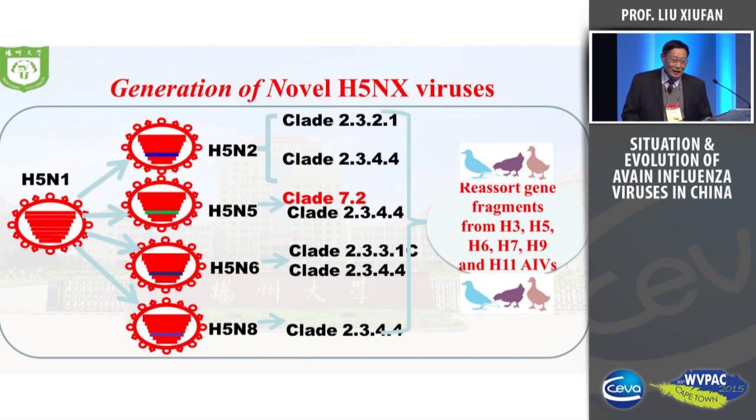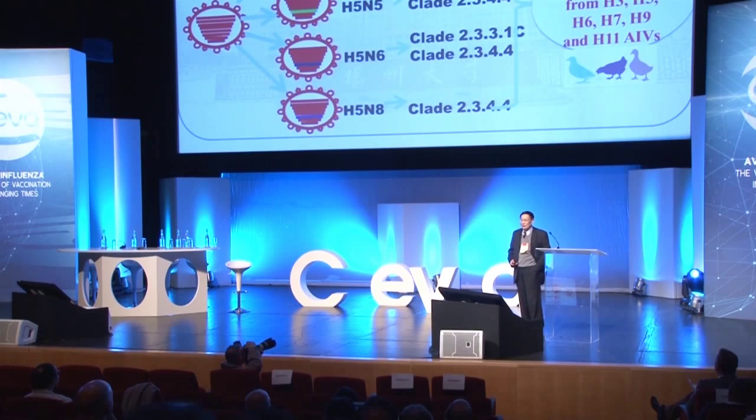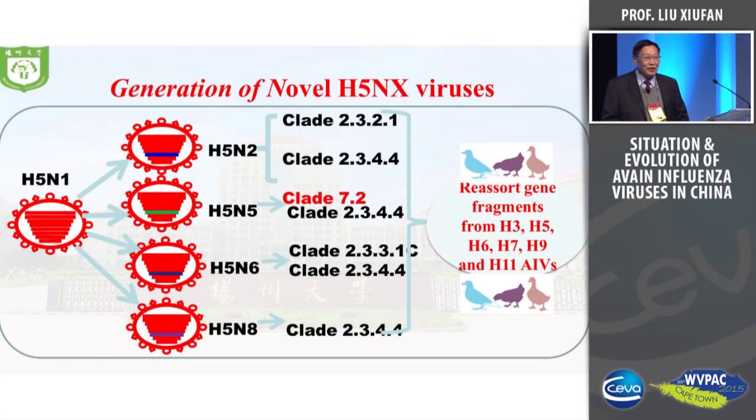We have clade 2.3.2.1, 2.3.4.4, and clade 7.2. But all the other genes are derived from various subtypes of AIVs.